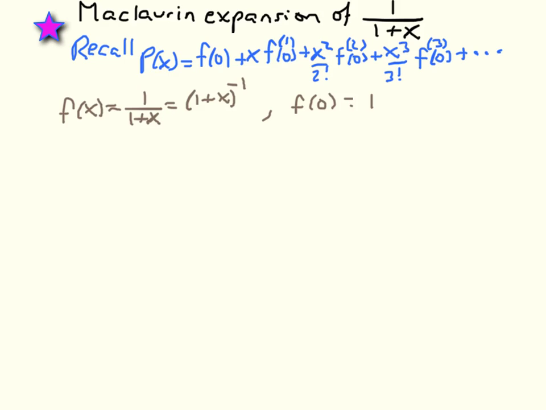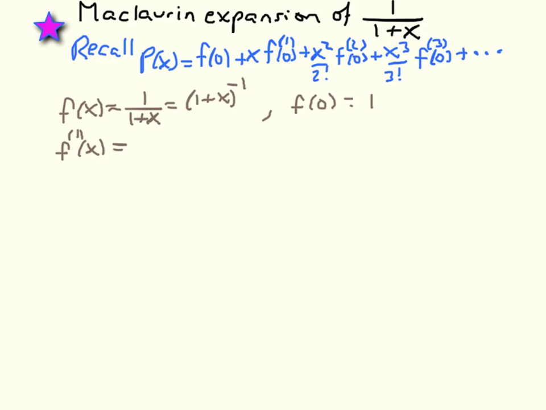We now need for the next term to calculate the first derivative, and the first derivative is going to be, let's look at it written this way, we bring the minus 1 in front, reduce the power by 1, so that's going to go to minus 2, and then we multiply by the derivative of 1 plus x, but that is just 1.